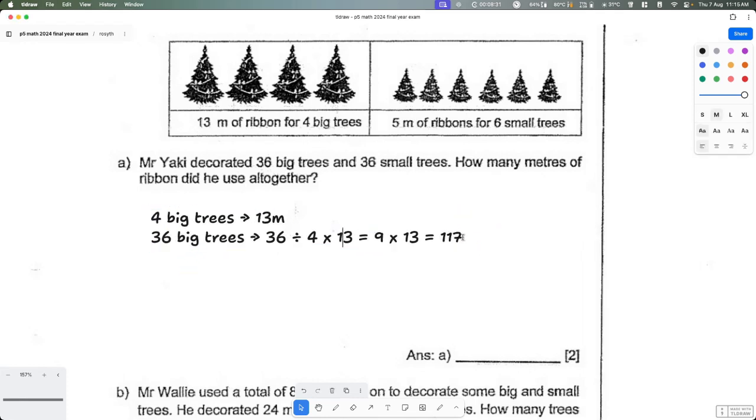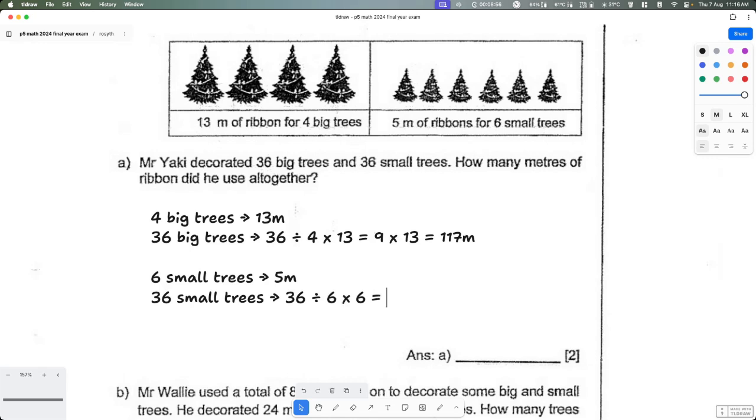So now we know how much ribbon the big trees used. The next one is 6 small trees equal to 5 meters of ribbon, so for 36 small trees it is 36 divided by 6 and then multiplied by 5.